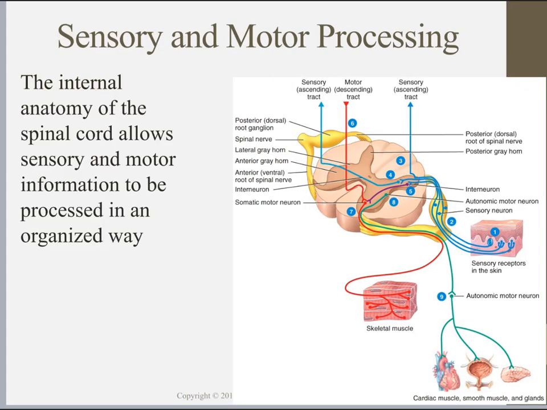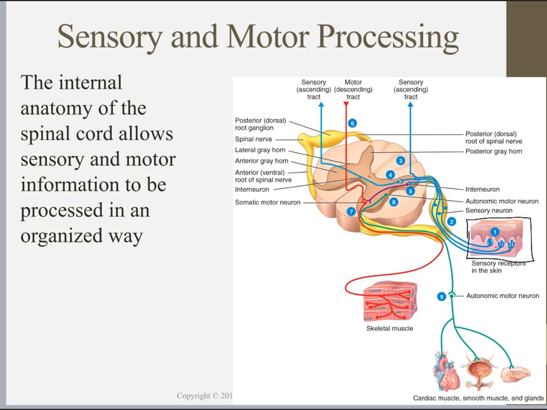So as we discussed on the previous slide, we can use the internal anatomy of the spinal cord to allow for sensory and motor information to be processed in a specific organized way. What we can see is a couple things going on here. Number 1, we have a picture of our skin. We see that the sensory receptors in the skin detect a stimulus.